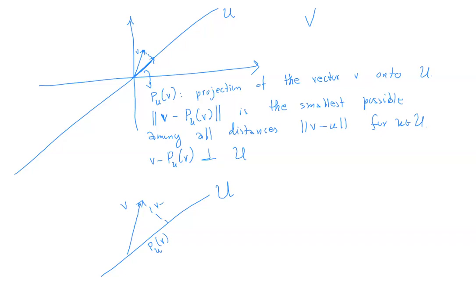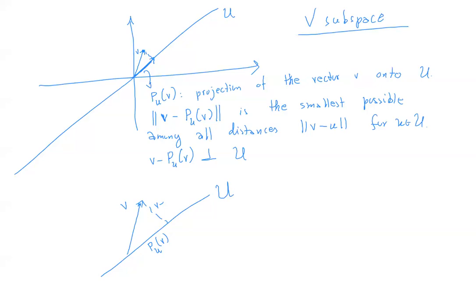the projection. Again, U is not a vector. U is a subspace. We're projecting onto a subspace, and this subspace could be a two-dimensional subspace or a three-dimensional or a 10-dimensional subspace. We're not projecting onto a vector.